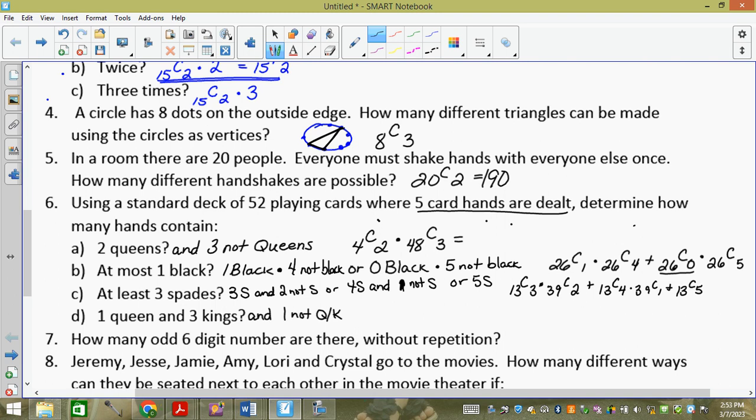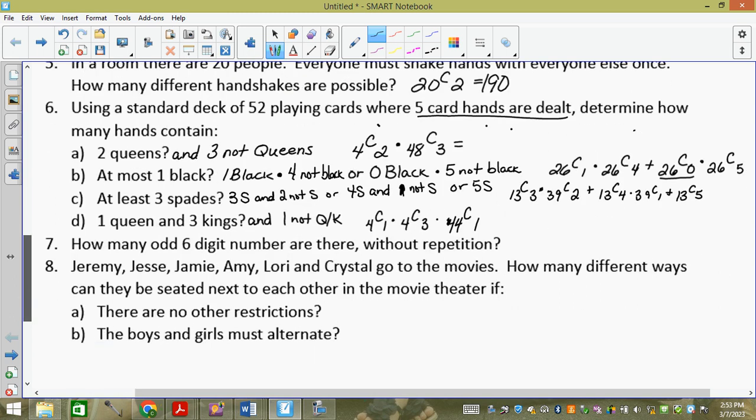So there are 4 queens, I choose 1. And 4 kings, I choose 3. Now, if there are 4 queens and 4 kings, that's 8 cards that can't be, right? So I do 52 minus 8, which is 44. Choose 1. Remembering that you are putting that into your calculator, correct?